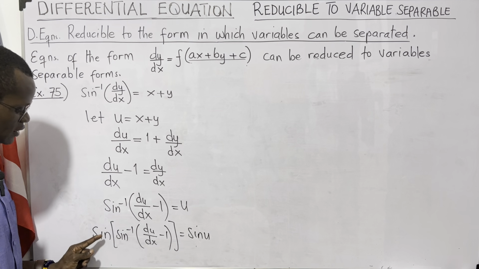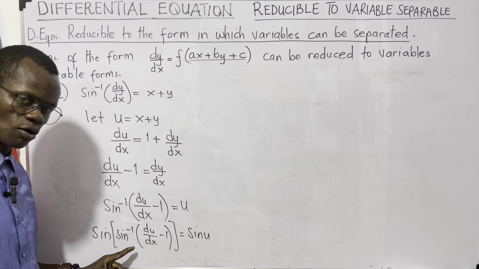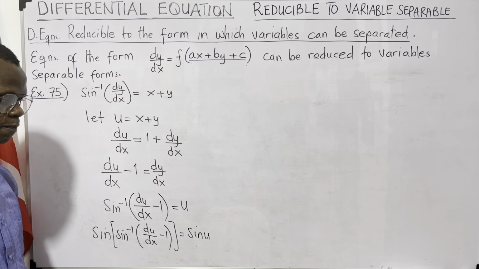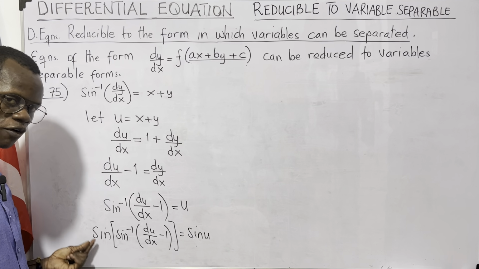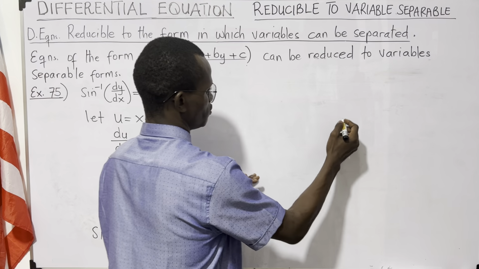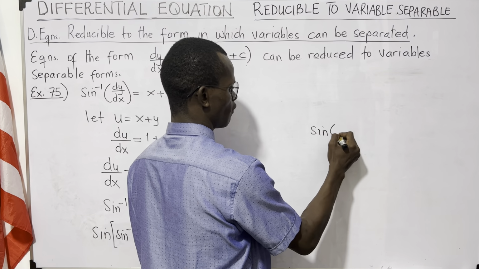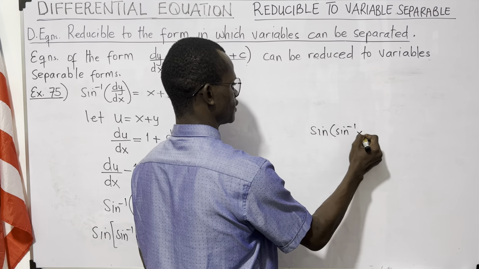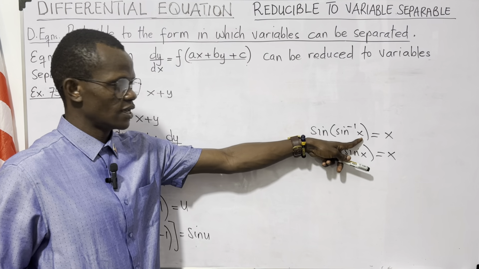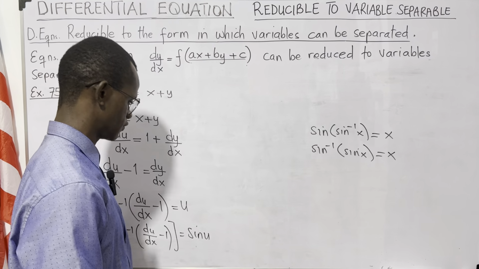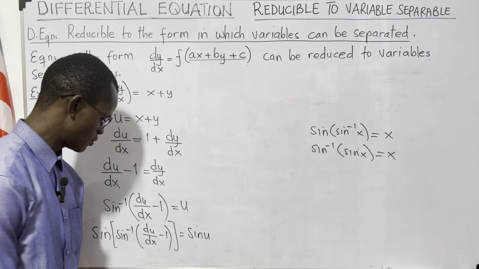We know that sine inverse of sine of an angle is equal to that angle. Sine inverse of sine of x is just equal to x, whatever form x is in.